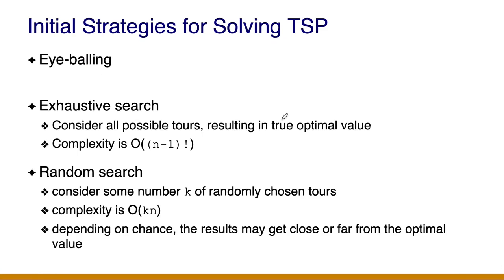Right, so we have a couple of strategies from the very beginning to solve the TSP. When the problem is very small, like the case where you're planning your Ireland biking tour, with only 5 cities, you don't have a lot of alternatives. You can actually use your eyeball to solve the problem very efficiently.